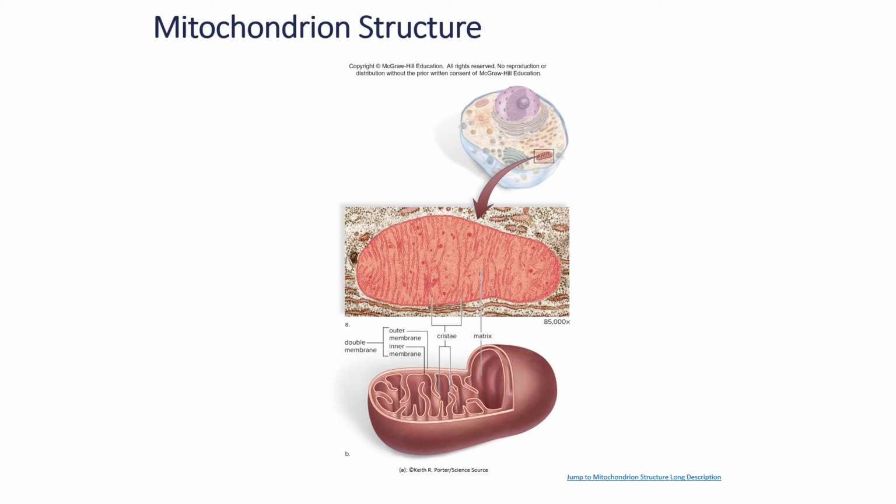So here's a little bit of their structure. They have this outer membrane, which is the food vacuole. And they have this wavy inner membrane, which looks a lot like aerobic bacteria.